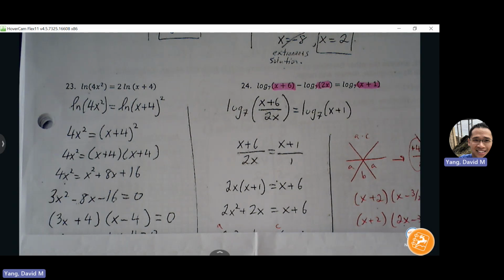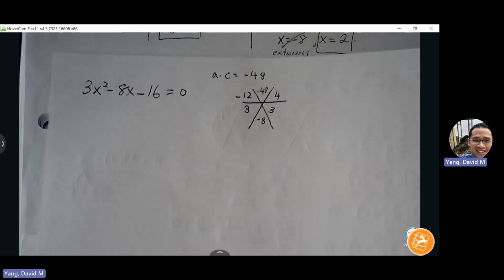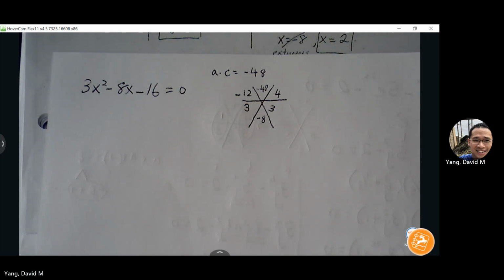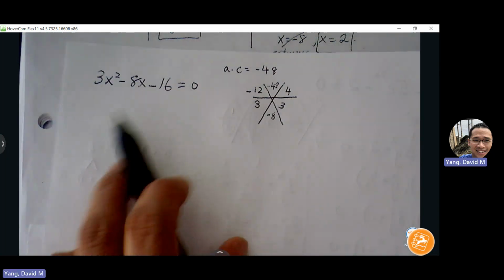I can show the work through the factoring if you want to see it. So multiplies to be negative 48, which is a times c, and adds to be -8.